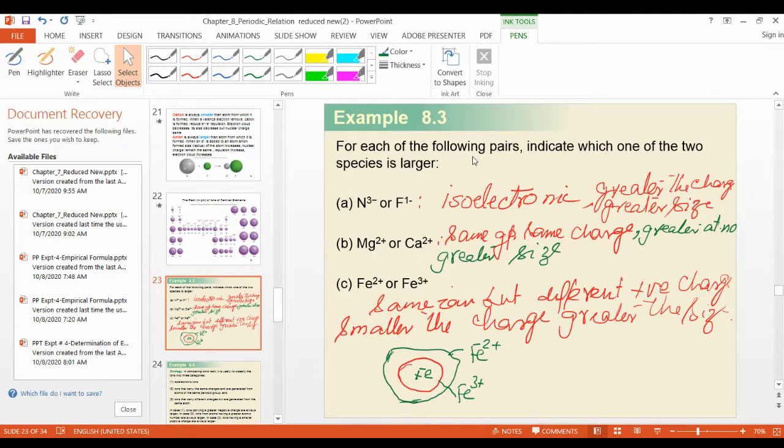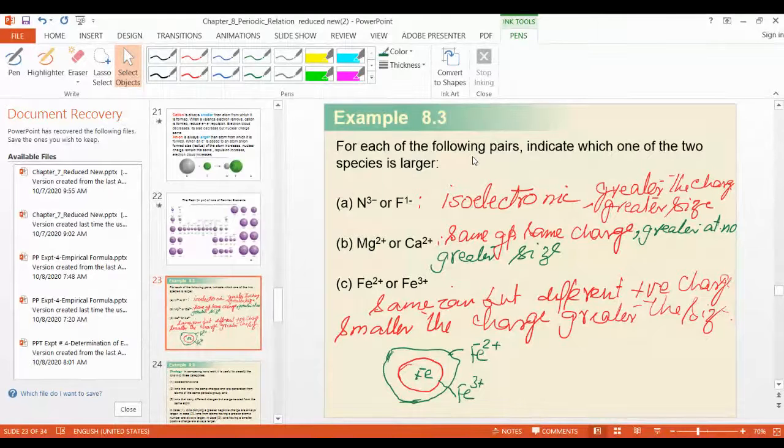But the size will depend on the charges. Both are negative, which means both have a capacity to receive electrons, and the atomic numbers are the same. So how do you identify?